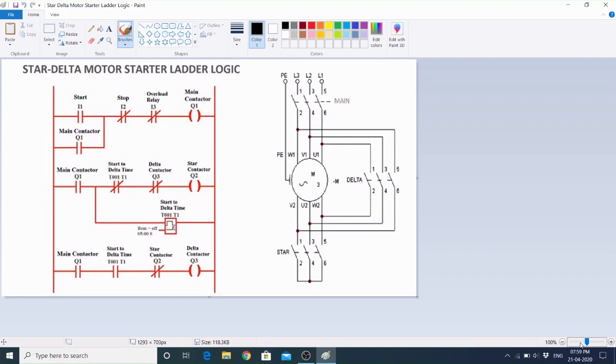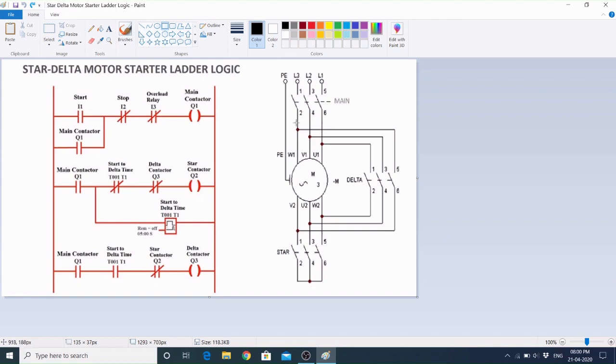So we can see here that L1, L2 and L3 are the three-phase supply, and PE, that is the earthing connection, is there.